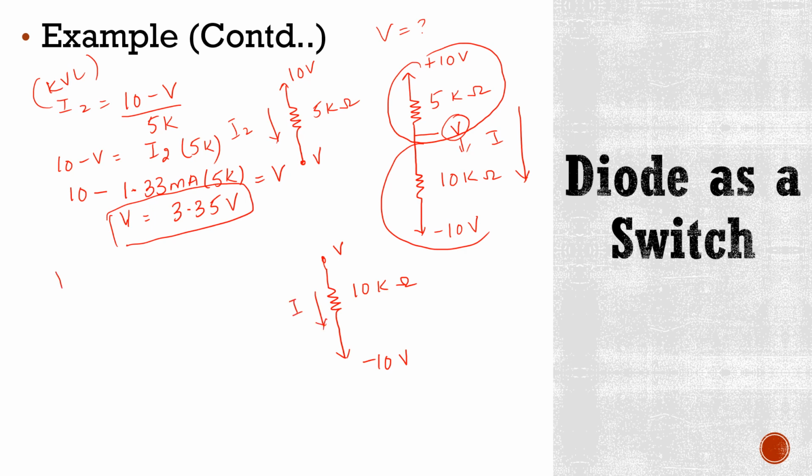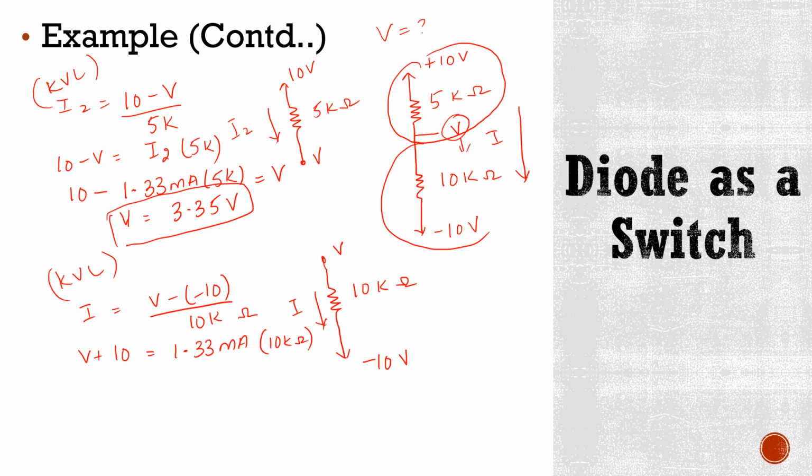So in this case, the KVL equation will be I is equal to V minus (minus 10) divided by 10 kilo ohms, or V plus 10 is equal to 1.33 milliampere into 10 kilo ohms.